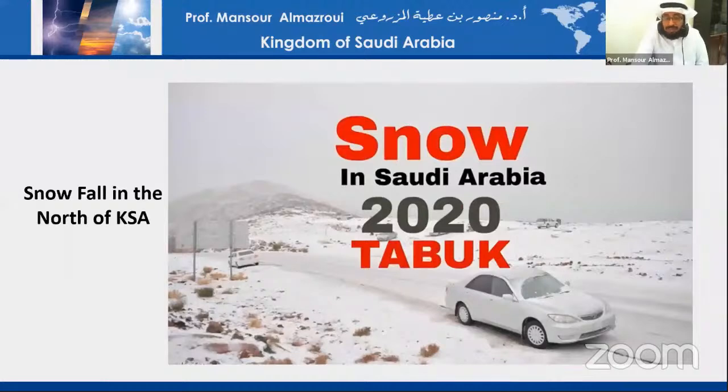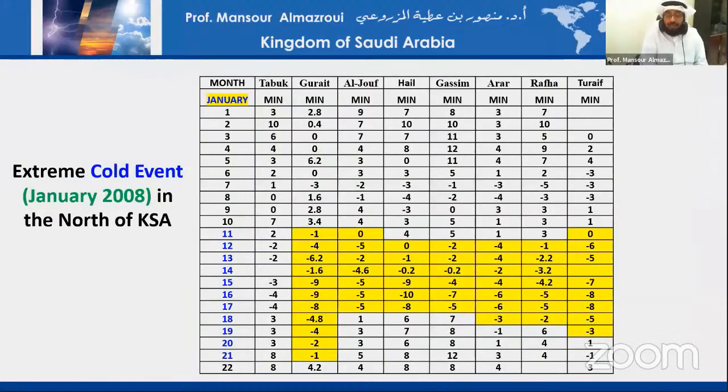And also some of the signatures: the snow in the north of Saudi Arabia, and this is in Tabuk, by the way. It is really very rare that you will find snow in Saudi Arabia, but this is another cold event. And another cold spell, an extreme cold event, happened in January 2008 in the north of Saudi Arabia.